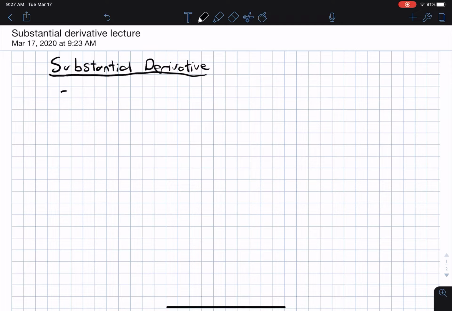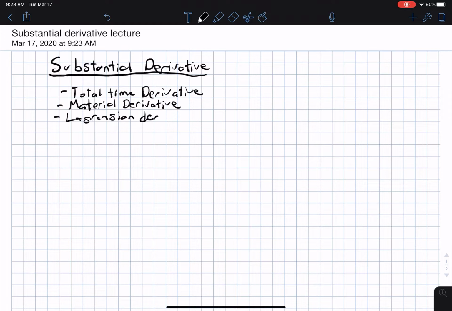The substantial derivative is sometimes called the total time derivative, the material derivative, the Lagrangian derivative, and a few other names.